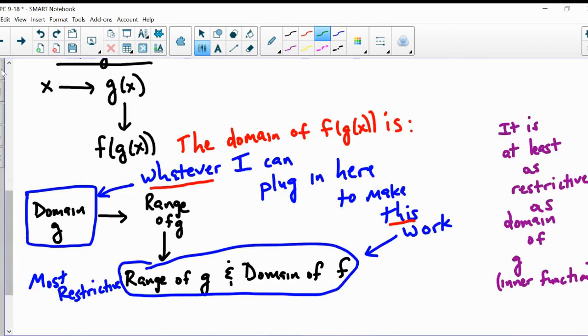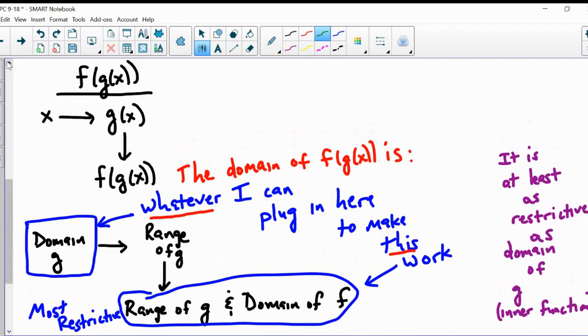So this is kind of what's happening here. I take a value for x, I substitute it into the inside function, and then whatever I get goes into this new composite function. So if we look at it in terms of domains and ranges, the domain of the first gets plugged in, and out comes the range of the first.